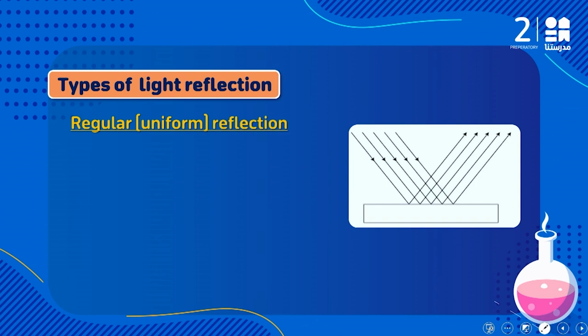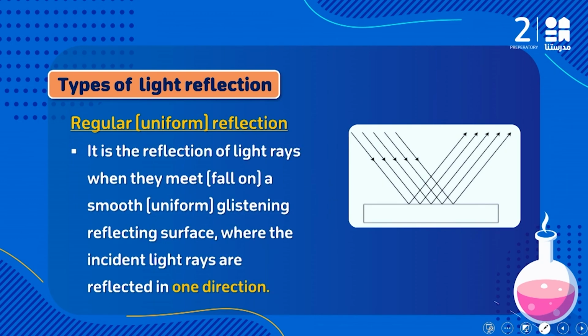At the beginning, the first type is called regular reflection or uniform reflection. What is the meaning of regular reflection? Regular reflection means that the light rays meet or fall on a smooth, shiny surface, like the plain mirror.